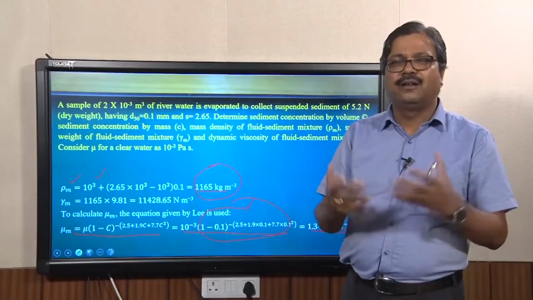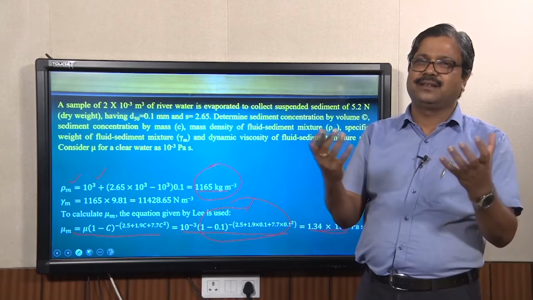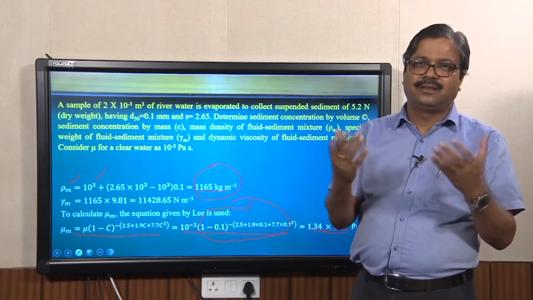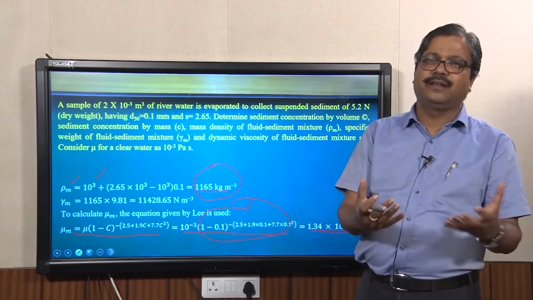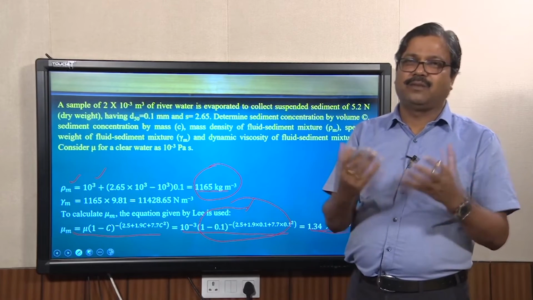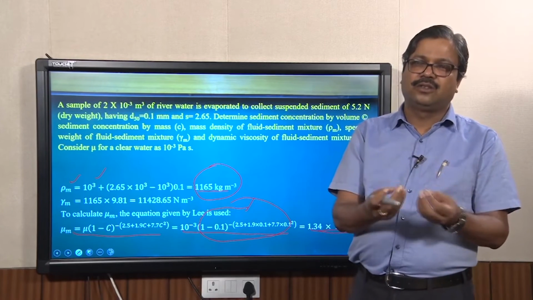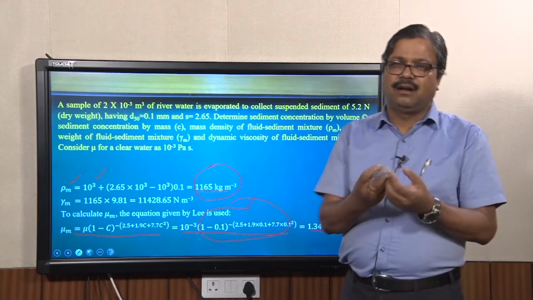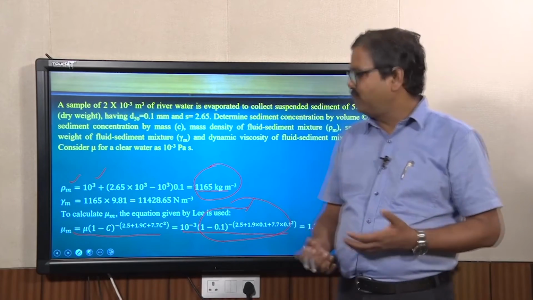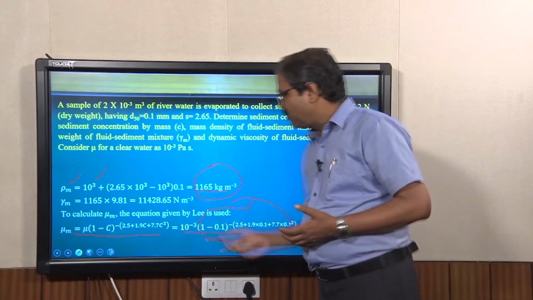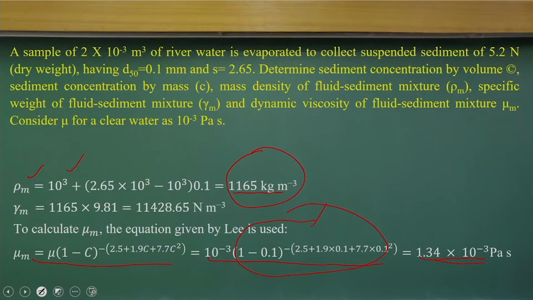You go to the river, collect the suspended water samples, evaporate them, and weigh the suspended sediment that remains. Then you can do this type of calculation to find the dynamic viscosity, the specific weight of the sediment particles, and the sediment concentration by volume and mass.